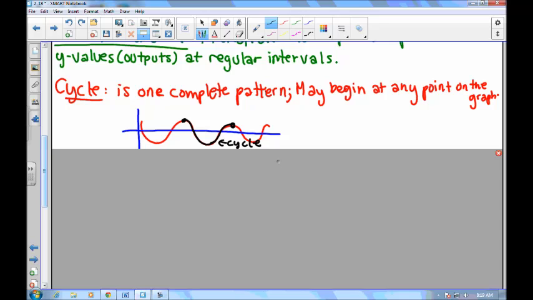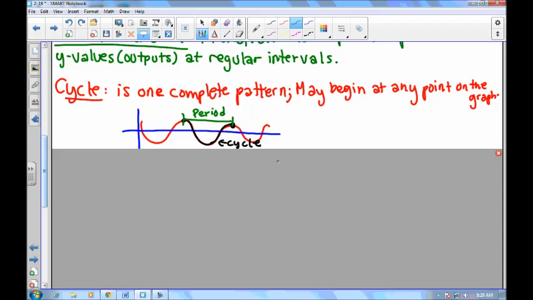The period is just the horizontal distance from here to here. So in green, this is the period. But in black is the cycle. The cycle traces the graph until it gets to a repeating point where it will repeat the cycle. Emmanuel?